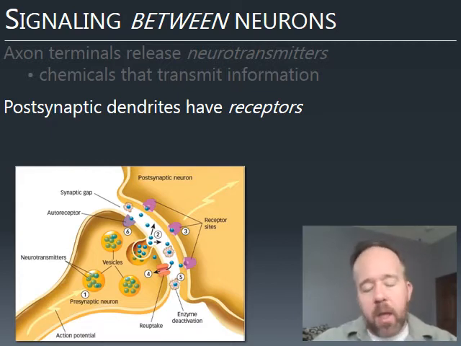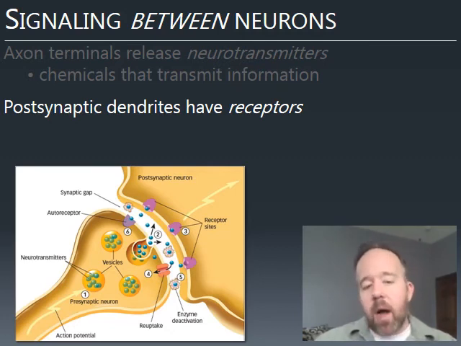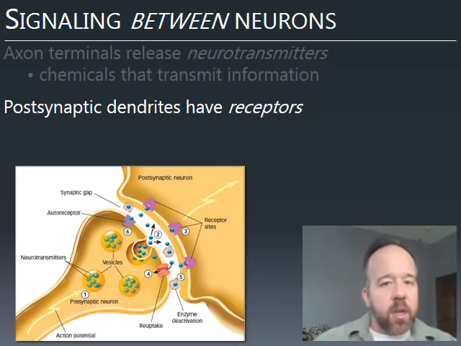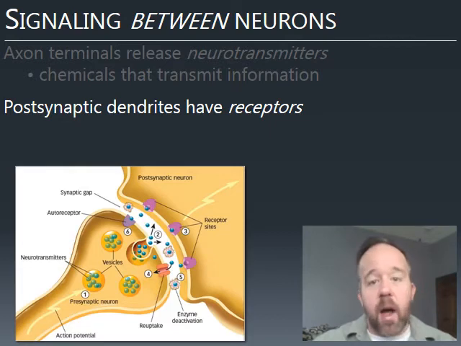It's the same thing. Neurotransmitters are released into this gap and then diffuse, same process, from where it's more common to where it's less common, across the synaptic cleft and bind to what are called receptors on the postsynaptic dendrites. This is how the postsynaptic neuron receives information. That's how it knows that the presynaptic neuron has fired an action potential.